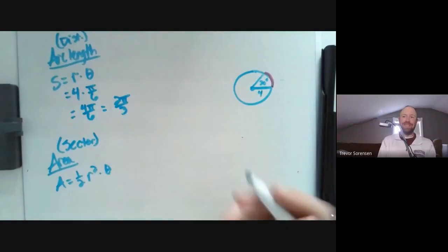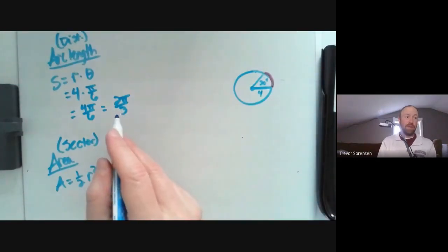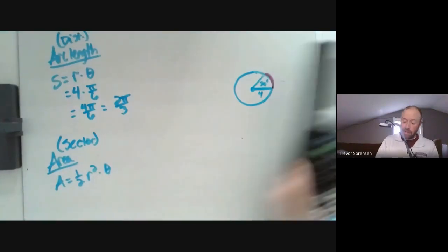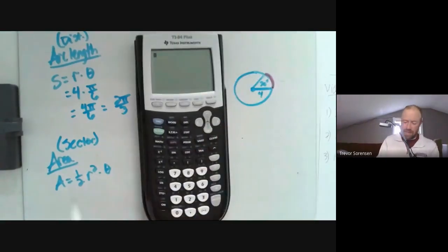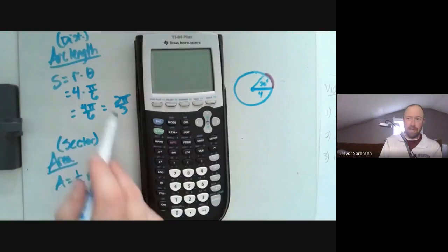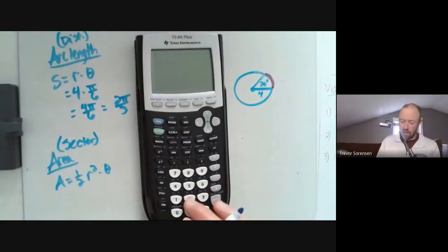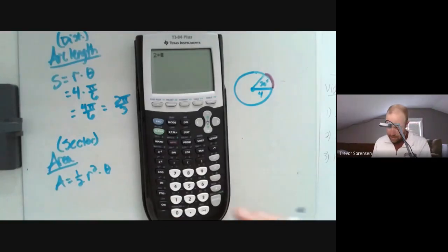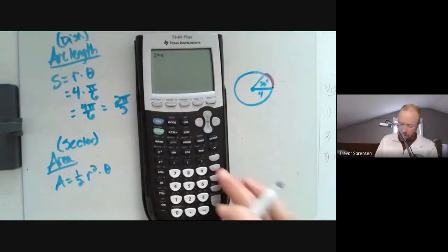Now, we want to know a distance, right? That doesn't help me really understand what the distance is around that circle. So that's where we do want to use the calculator. Okay, and you could type it in right back here, but it's good practice to simplify. So I want to go 2 times pi, and divided by 3.